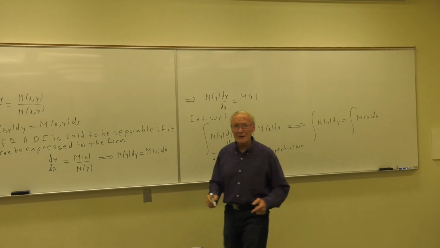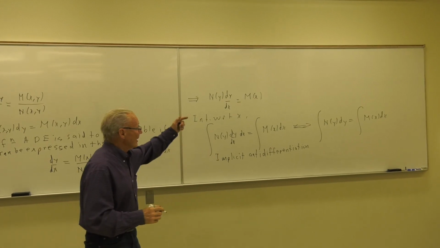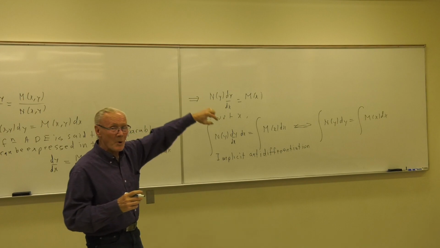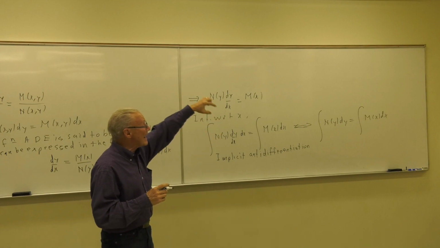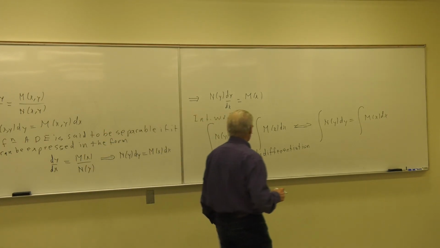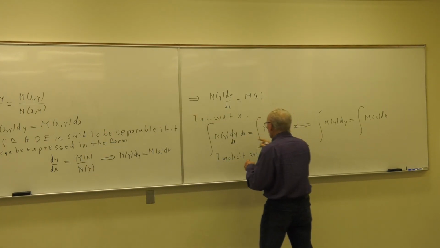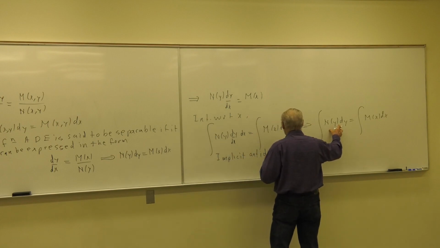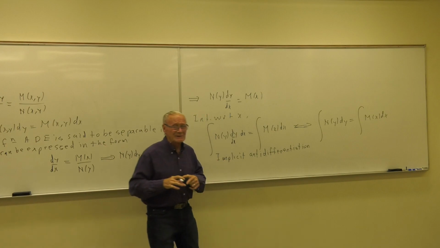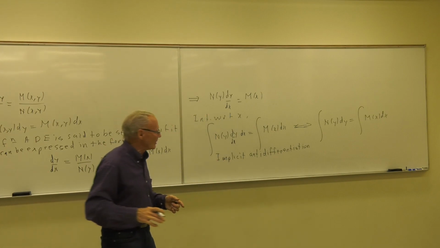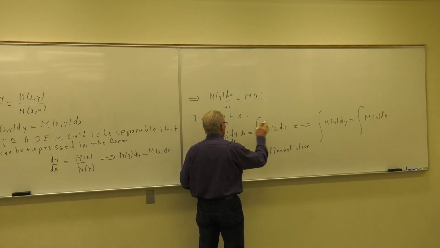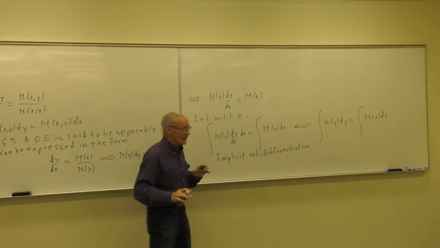And now what do you see? On the left, you have to take the n function and integrate it with respect to y. On the right, you take the m function and you integrate it with respect to x. Now, be very careful. In going from here to here, what's really taken place is that you made a change of variable in the integral. You said, I'm going to change from x's into y's.